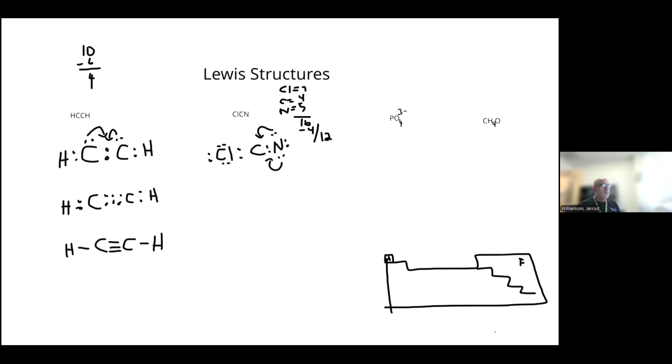And when I'm done, I'm going to have this, nitrogen with a lone pair of electrons. And that is the Lewis structure for that molecule.